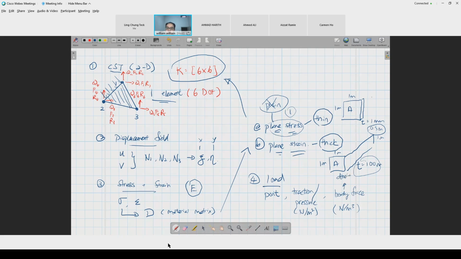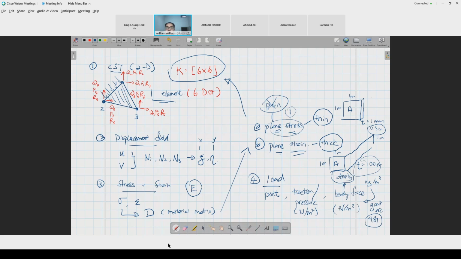We'll give you in terms of the density of the material, which is in kilograms per meter cube. To convert from kilograms per meter cube to newtons per meter cube, you just need to multiply by gravitational acceleration, which is 9.81. So density times g, which is 9.81, gives you newtons per meter cube.